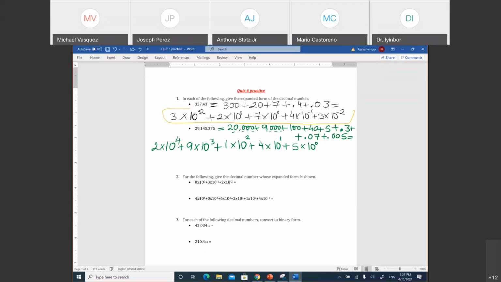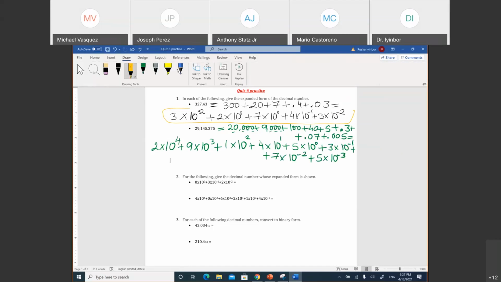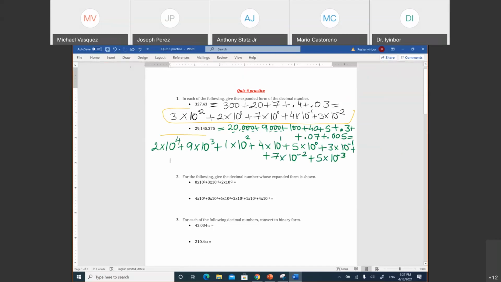Don't forget this 10 to the 0. And then plus 3 times 10 to the negative 1. And you have 2 more to go. 7 times 10 to the negative 2. And 5 times 10 to the negative 3. Okay, and that's it. All this is my answer.